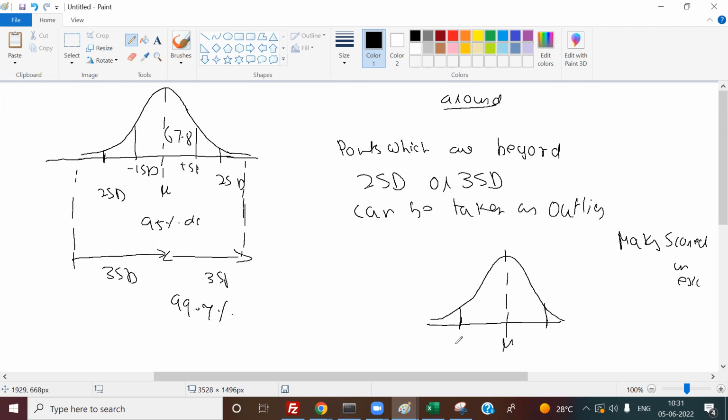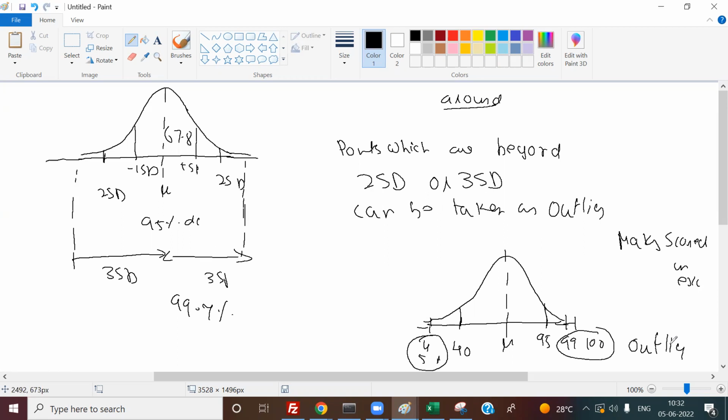Let's consider that most of them have scored between 40 to 95. But let's say 1% or 2% have scored 99 also and 100 also. And there is one person who did not study, probably he got just 4 marks or 5 marks. So these people and these people can be taken as your outliers.